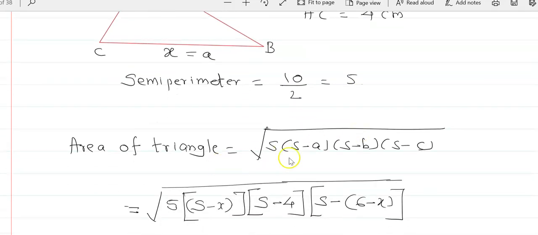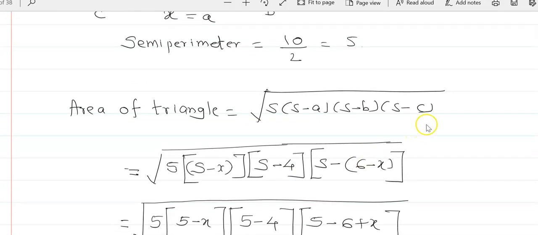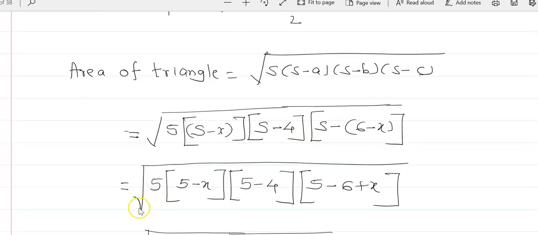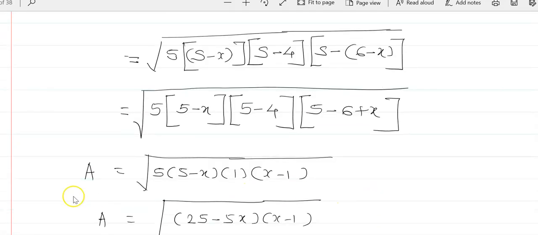Area of triangle is equal to root of S into S minus A into S minus B into S minus C. If we substitute the values, A is equal to X, B is equal to 4, and the value of C is equal to 6 minus X. Therefore, that is root of 5 into 5 minus X, 5 minus 4, 5 minus 6 plus X. That is A is equal to root of 5 into 5 minus X into 1 into X minus 1.